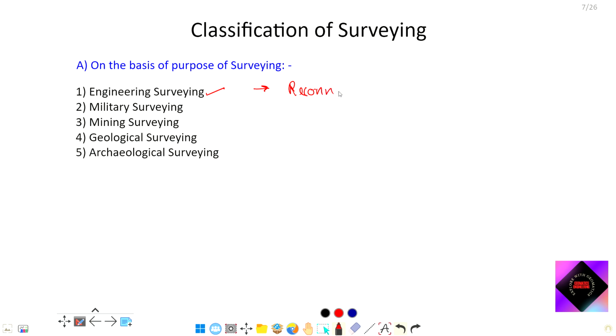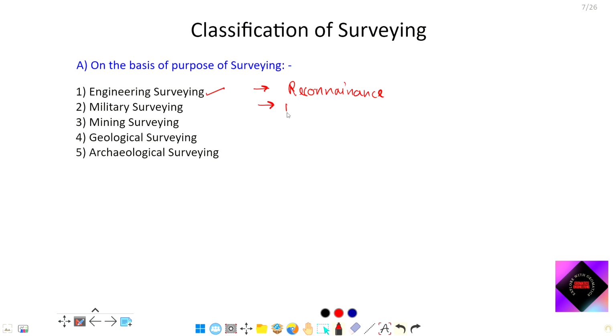Reconnaissance is where the surveyor first goes on the ground and gets a basic overview of the location, how it is, where it is, which is the nearest source, and which area is affected by our project. This kind of thing happens in reconnaissance.